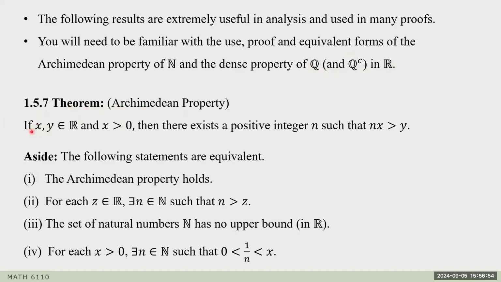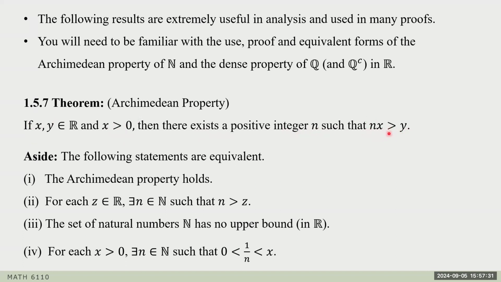So the Archimedean property, there are actually many different ways of saying this property, and they're all equivalent. So they will all work. But here's one way. If you have two real numbers, x and y, and let's just say x is positive, then you could always find some positive integer n, so this is a natural number, such that n times x is bigger than y.